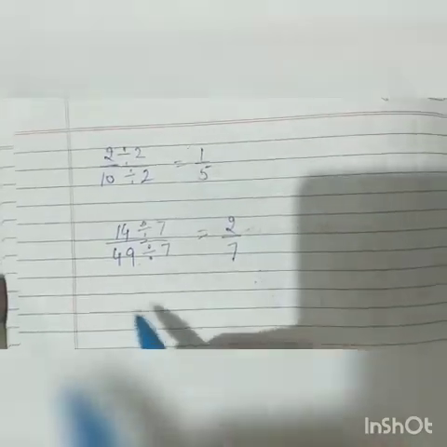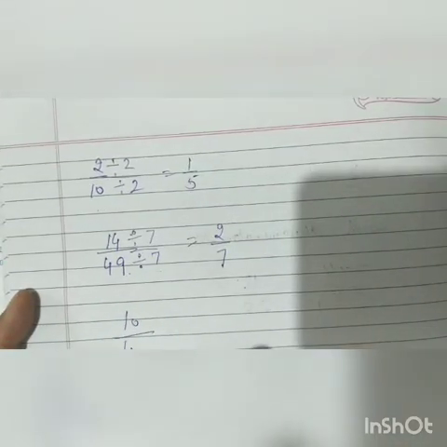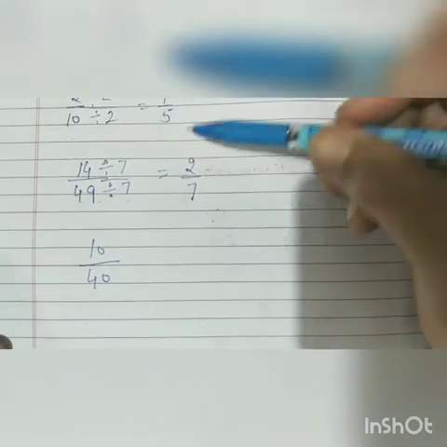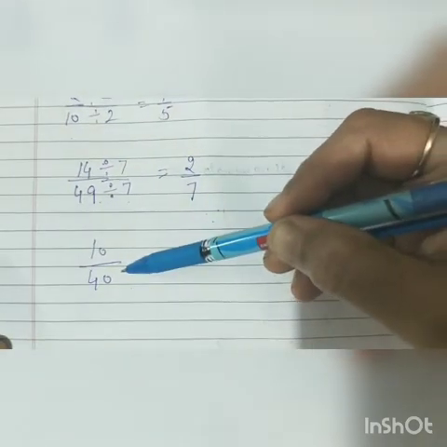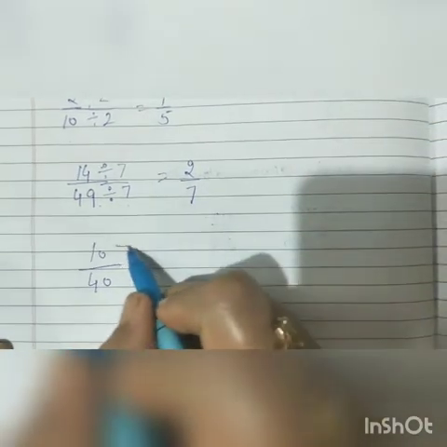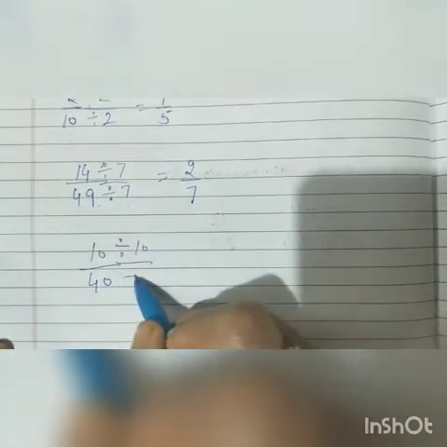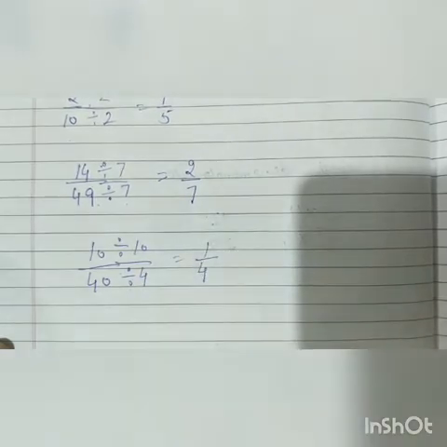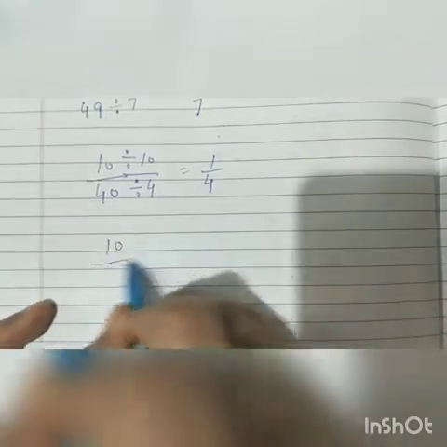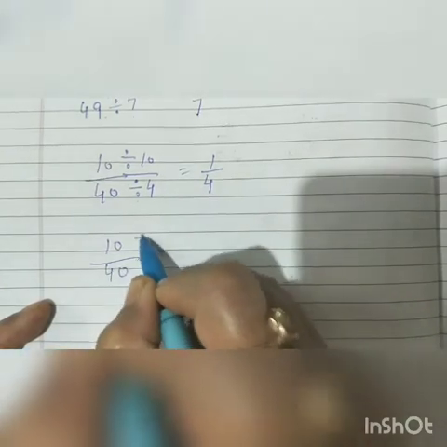I am writing 10 by 40. What is the common factor between 10 and 40? That is 10. So divide by 10. The lowest term is 1 by 4. Or you can also do it like this. If you are given 10 by 40, 2 is also common.